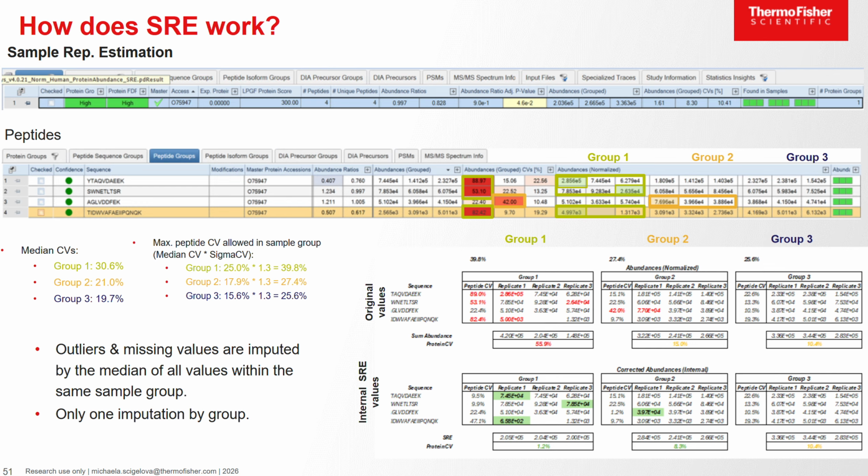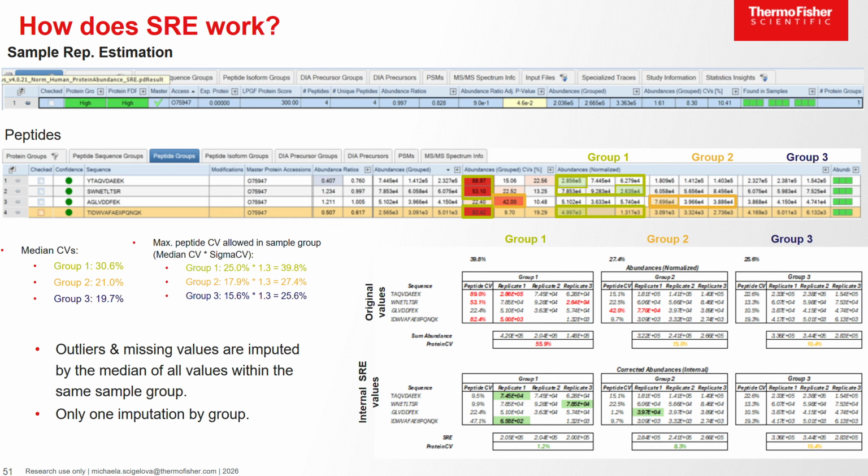What will happen there? We select from these three values we have, as we have only three samples in this group, a median value, which is the value 3.97 e to the 4, and that one will be supplanted instead of the outlier.